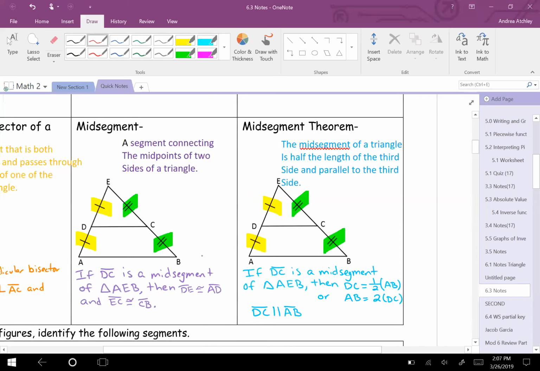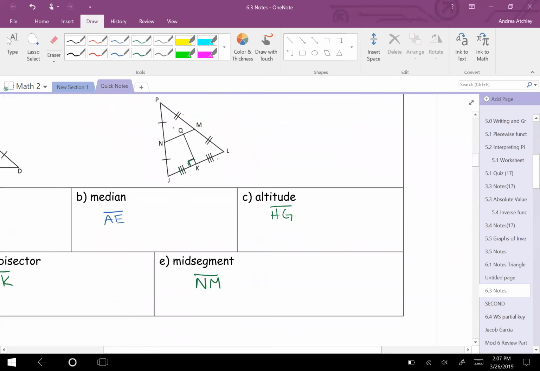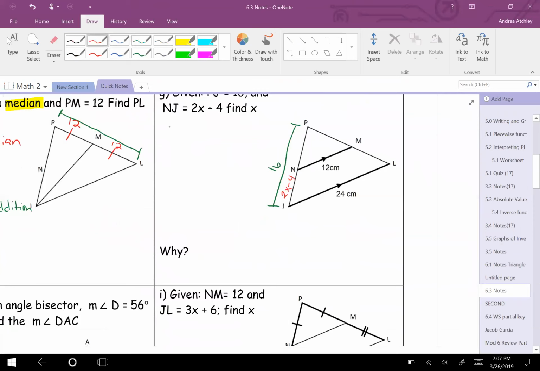And the reason for that is our segment addition postulate. The 2 parts equal the whole thing. So I can say that NM is a midsegment.